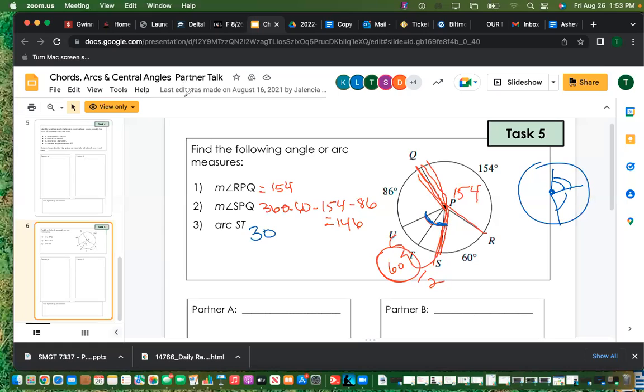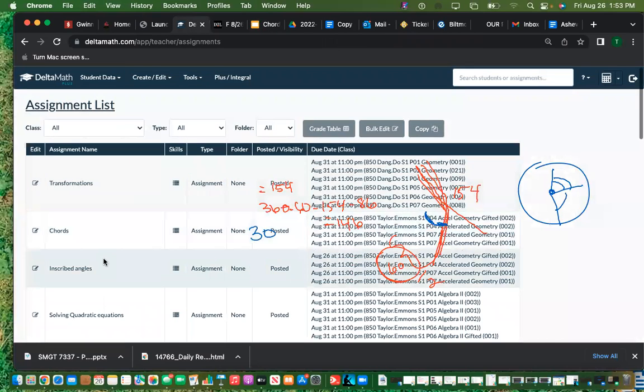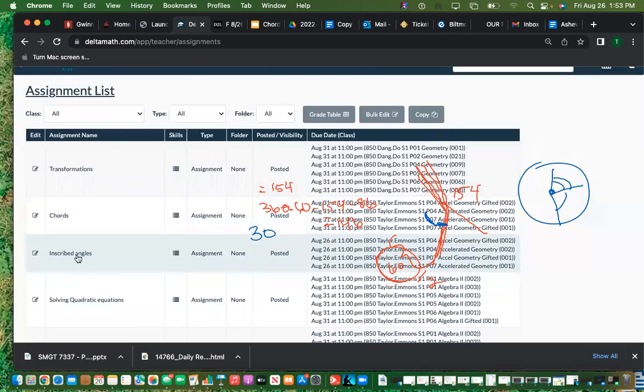Okay. So what I need you to do, because I think a lot of you are still missing this, if you go into Delta Math, I need you to complete the inscribed angles. That is due today. That is going in the grade book. So I'm gonna give you some time in class to work on it. When you come in on Monday, the CFA will be taken.